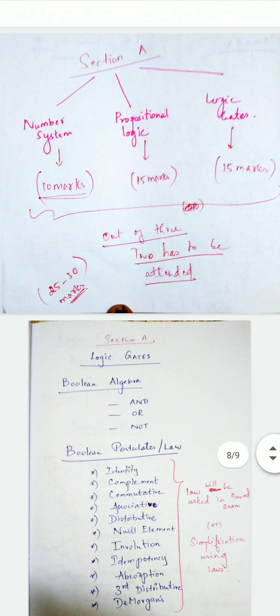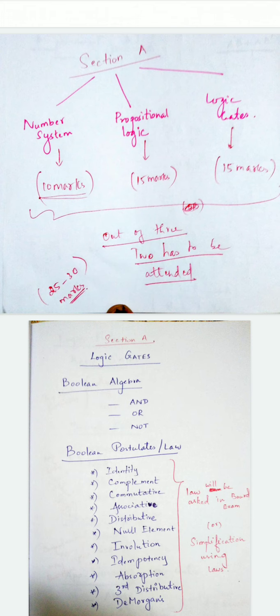Next, I am going to give you one tip for board examination. In section A, we have three topics: number system, propositional logic, logic gates. You may expect a 10 mark question from number system, a 15 mark question from propositional logic, and a 15 mark question from logic gates. Out of these three topics, you have to attempt two questions.